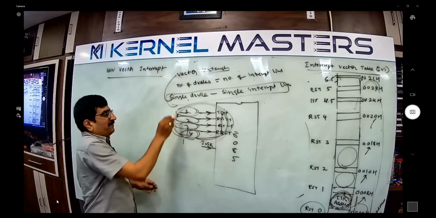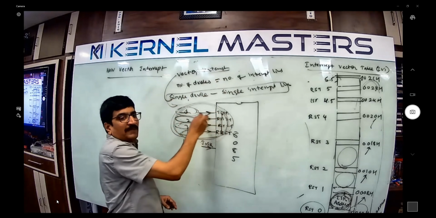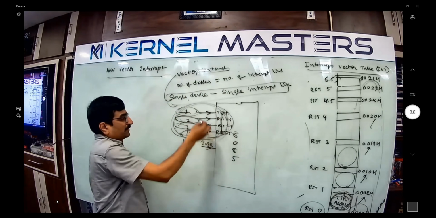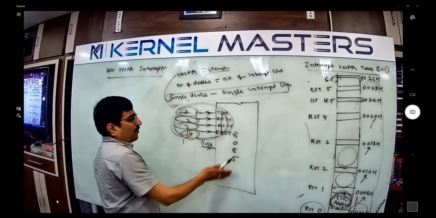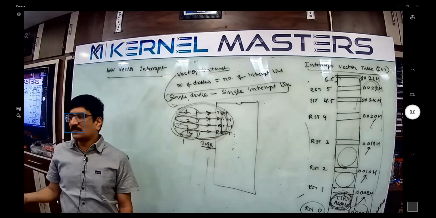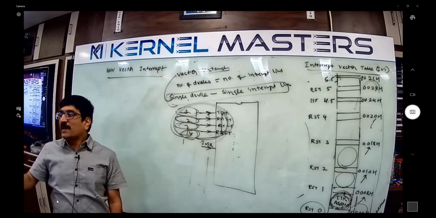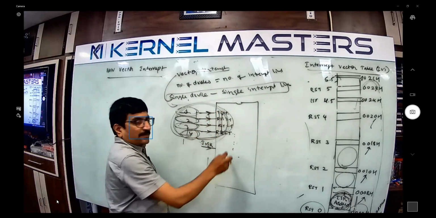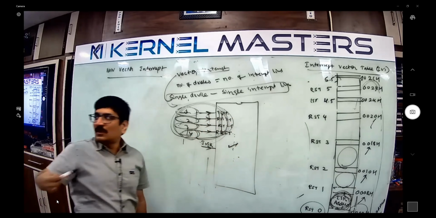Every interrupt has one predefined address, so with 30 lines the number of pins is increasing, and the pin size and chip size are increasing. But that is not the main matter. The main problem is that whenever the number of pins increases, more complexity happens on the microprocessor side.